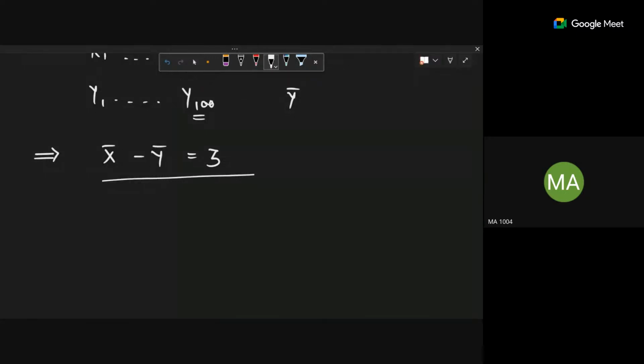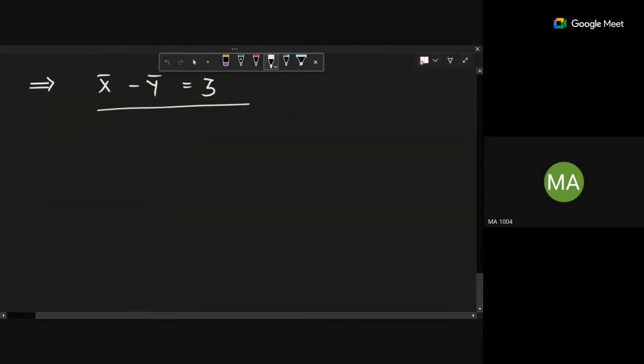So the question is about the claim, initially about whether the average time spent by an individual man and an individual woman is the same or not. So what should be my null hypothesis? Even though it was given in the question, I think with this given information you will be able to decode the null and alternative hypotheses.